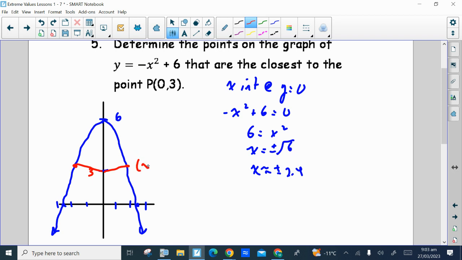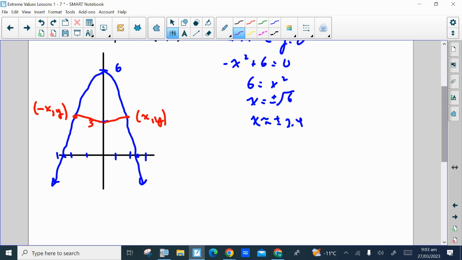So we can kind of guesstimate where they are, but we're going to find out algebraically where they are. If those points are closest to the point 0, 3, the distance between them is minimized.